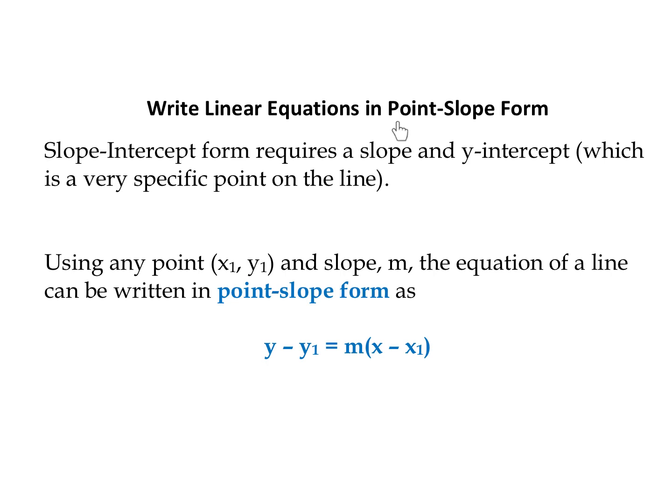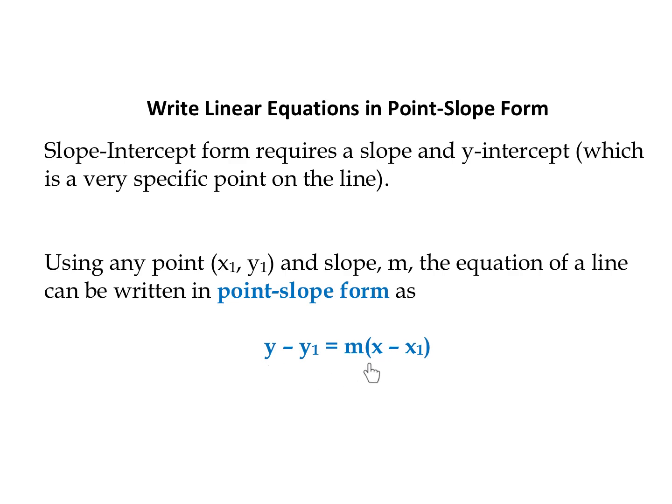Point-slope form requires us to have any point on the line and the slope. So we still need the slope, but now we can have any point, not necessarily that specific y-intercept. So again, any point, (x1, y1), and the slope, which we're still using as m. We can write point-slope form using any point and the slope as y minus y1 equals m, parentheses, x minus x1.